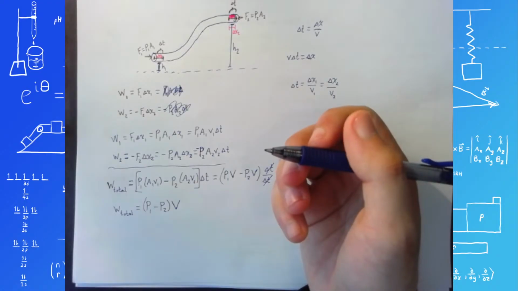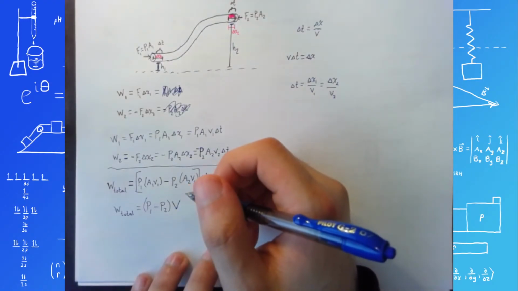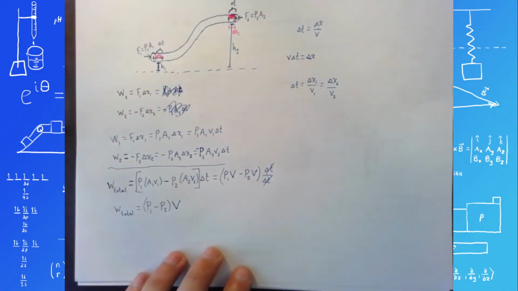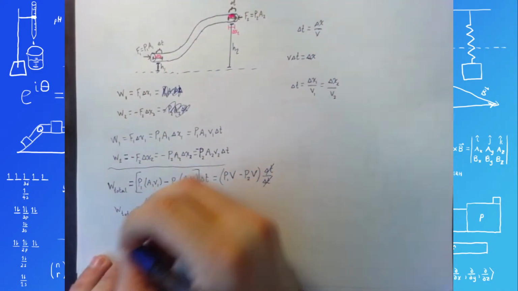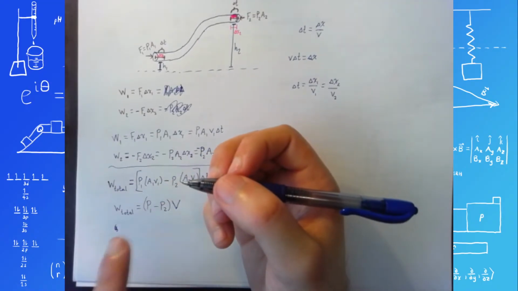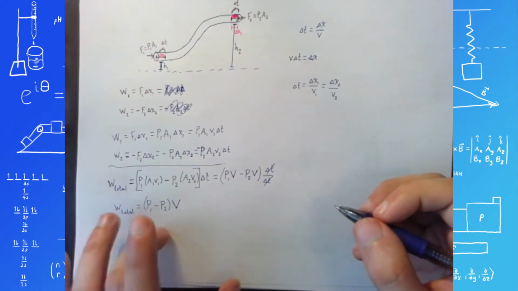It's actually not going to matter here because we don't want the total work. What we actually want is the total work per volume of fluid pumped through this tube, but we'll get back to this in a minute. So that's the total work done.